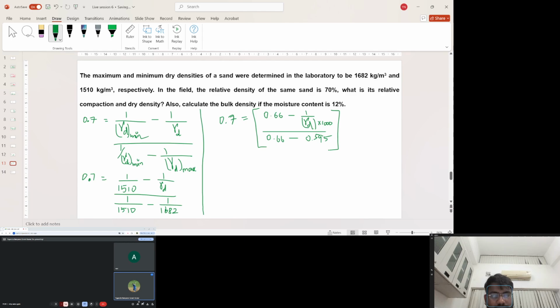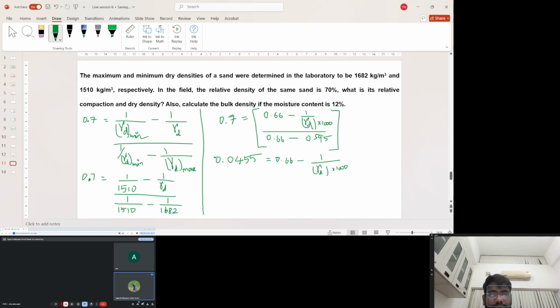Now if you subtract this, we get 0.0455 equal to 0.66 minus 1 by gamma d into 1000.